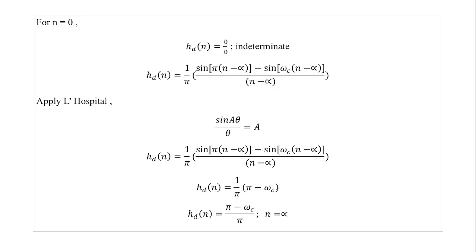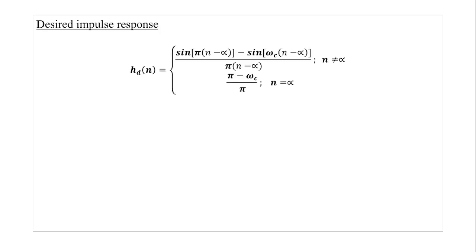For n equal to alpha, hd of n equals (pi minus omega c) divided by pi. So finally, the desired impulse response hd of n is sin pi(n minus alpha) minus sin omega c(n minus alpha) divided by pi(n minus alpha) for n not equal to alpha, and (pi minus omega c) by pi for n equal to alpha.